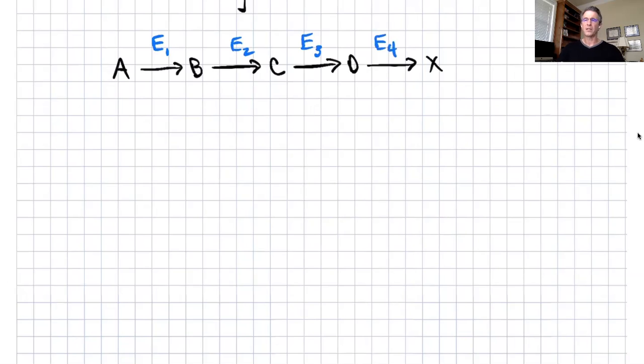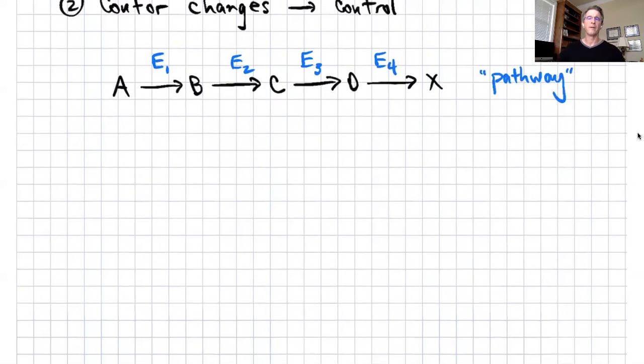So we have this multi-step sequence of conversions, which of course you guys will hopefully recognize as a pathway. This is an idea that's very important, as you'll remember, in biochemistry, and we're going to be talking about it a lot going forward.